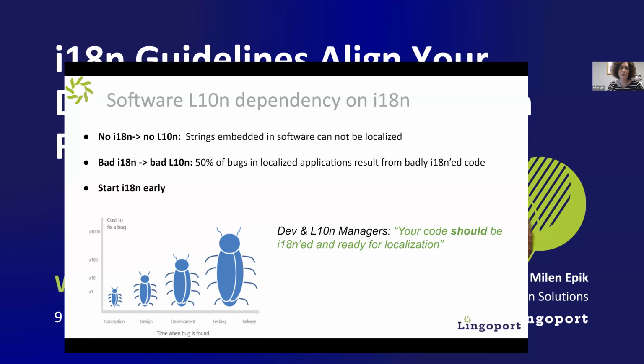The reasons are, of course, you can't localize a software application without it being internationalized. So it's a prerequisite, because at minimum, you need to have the strings separated from the software code so that they go into resource files and they can be translated.